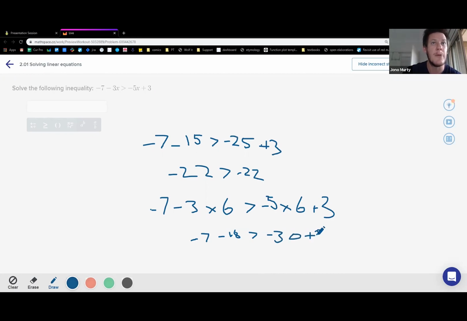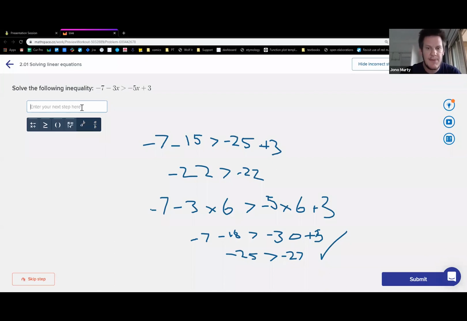I think this is going to be true. -7 minus 18 is -25, and that is greater than -30 plus 3, which is -27. Tick. Let's just do some steps of working here.